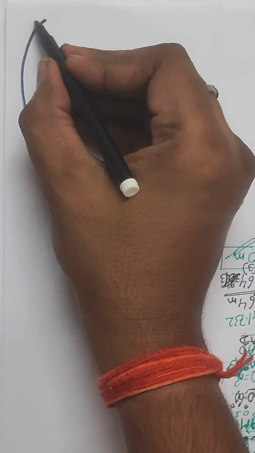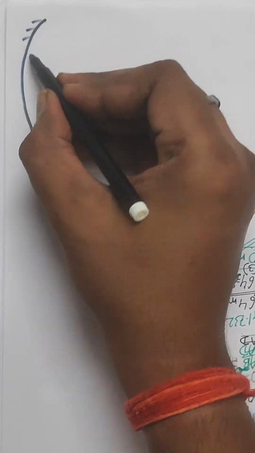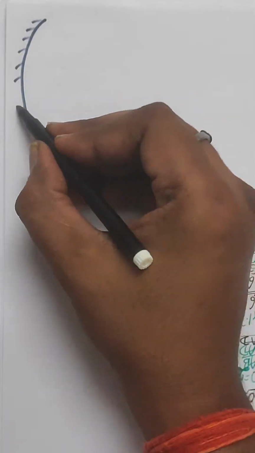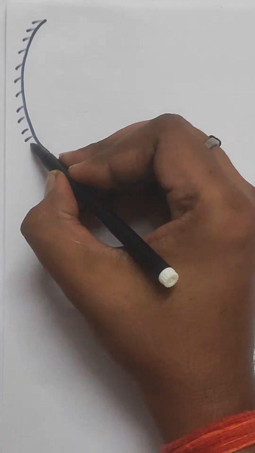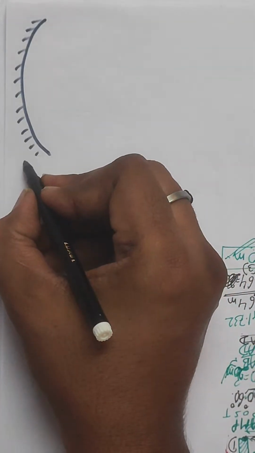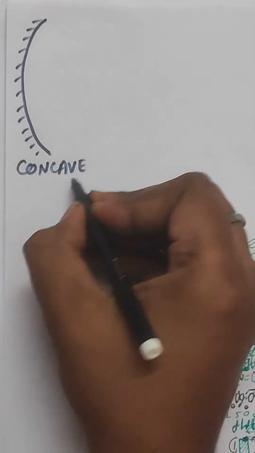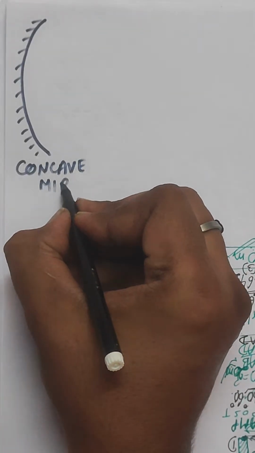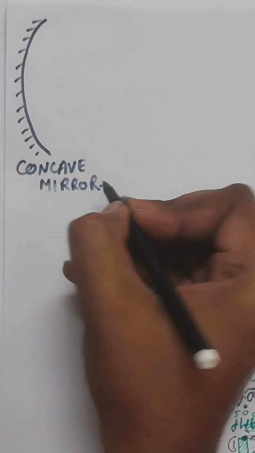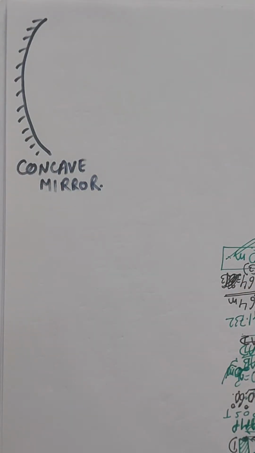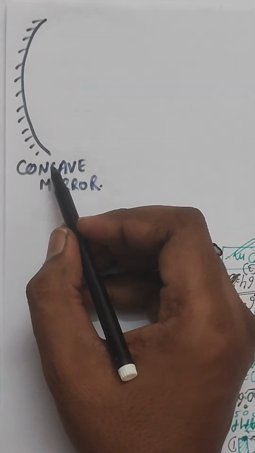If this is the mirror, the back side of this, the bulgy portion, will be polished. And a plane mirror is placed just 22.5 centimeter in front of this concave mirror, right?